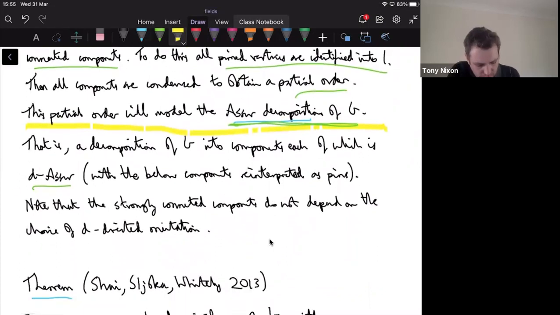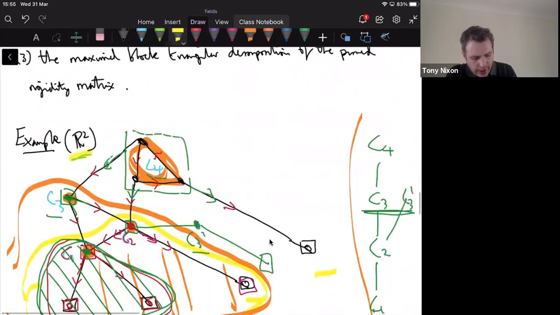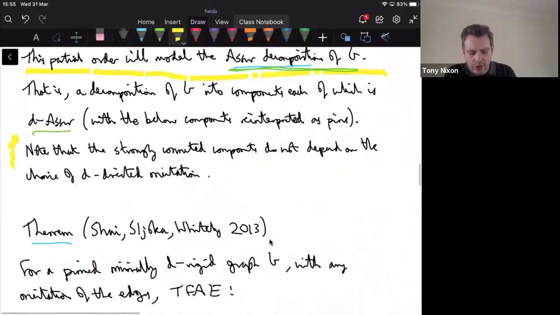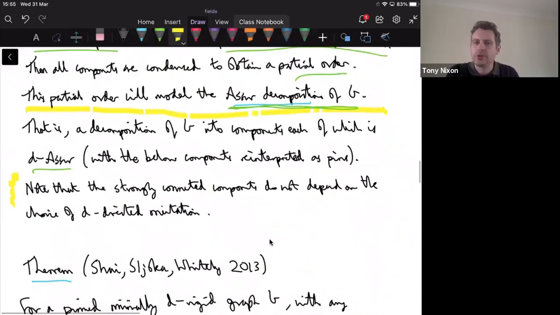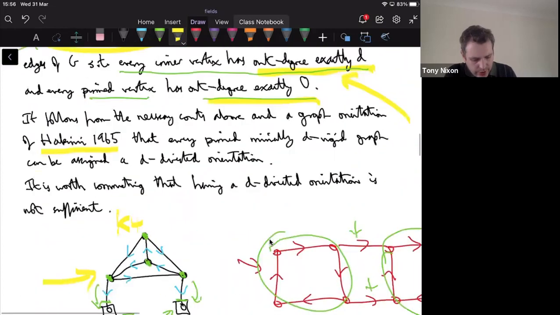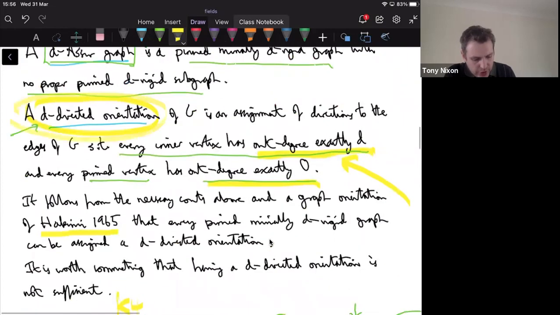One thing I want to be clear about, so I didn't go through it in the example, but in the example, I had drawn arrows on the edges and used this to find the strongly connected component that was a directed cycle here. The choice of directions doesn't matter. So I said it has to satisfy this D-directed orientation condition.